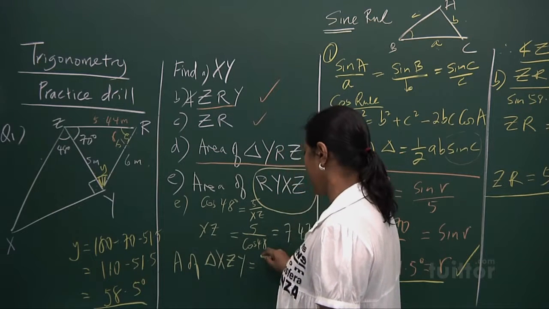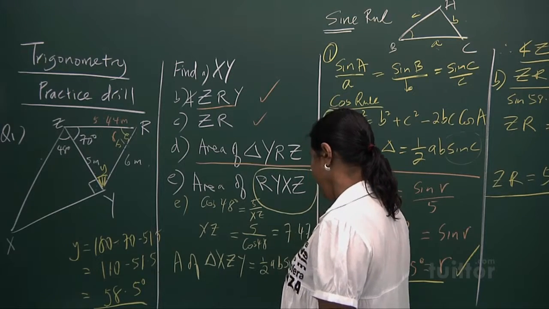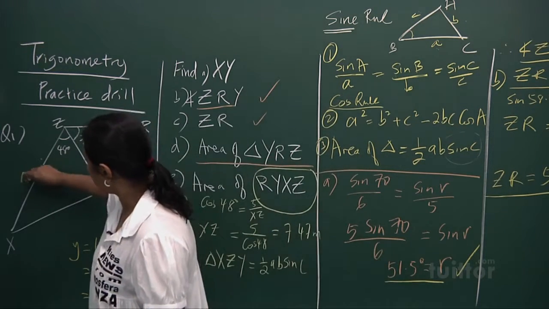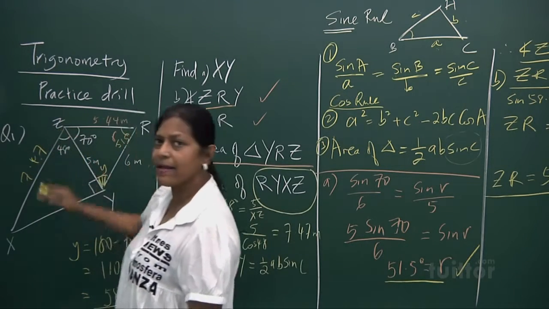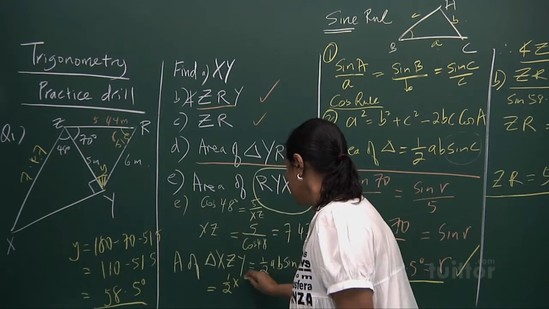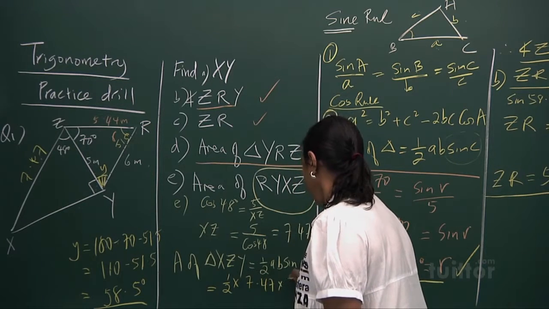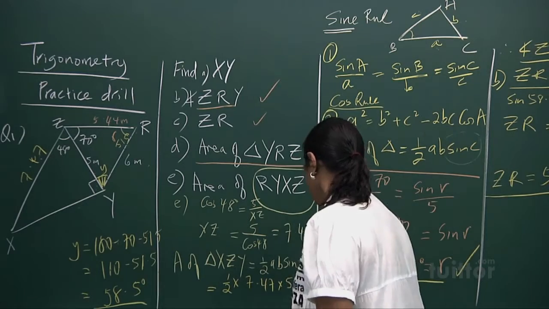Half AB sine C. You like to use that formula? Go ahead. Because you know this length is 7.47, and this is the included angle. If you fit it in, half times 7.47 times 5 times sine 48 degrees.